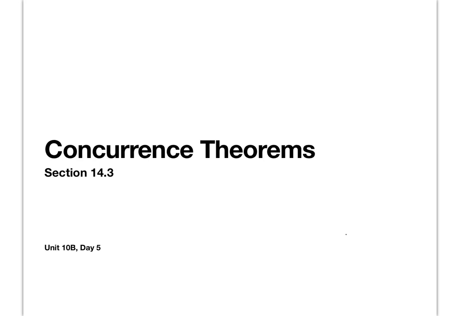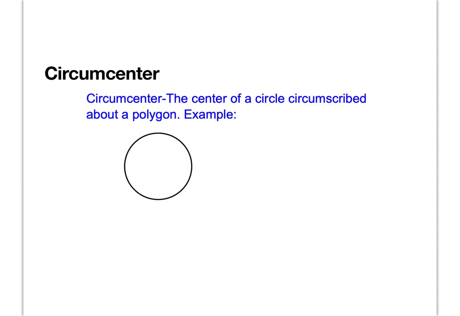Today we are going to learn about concurrence theorems. The first point of concurrency is called the circumcenter. And the circumcenter is the center of a circle circumscribed about a polygon.